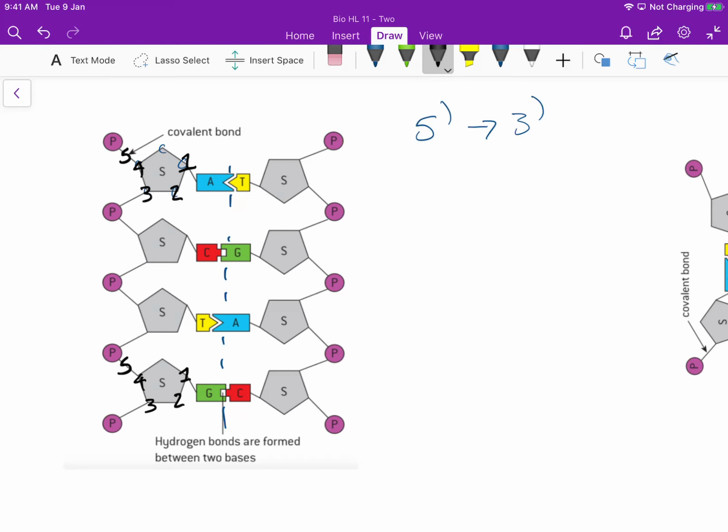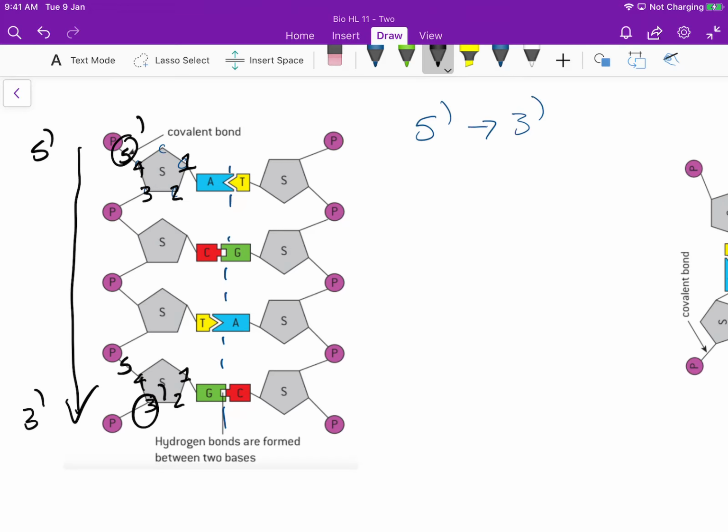And we can see that if we look at the top is 5, so we call that end 5', and the bottom is 3, so that's 3'. So if we look down in that direction, so going top to bottom, it is a 5' to 3' direction.